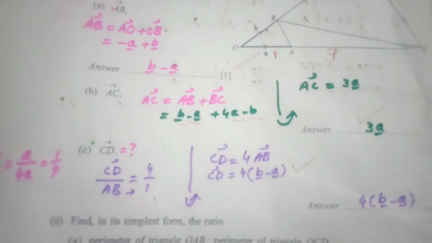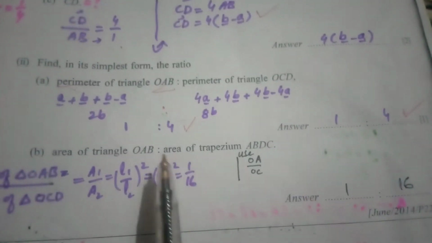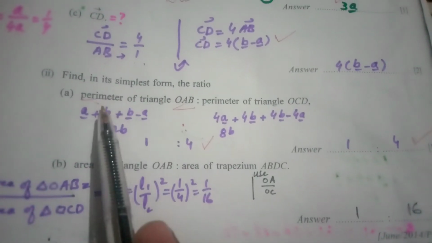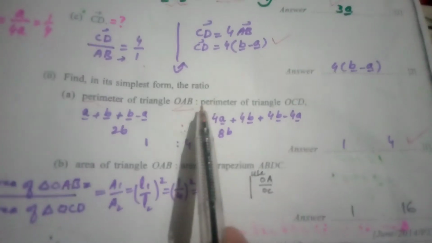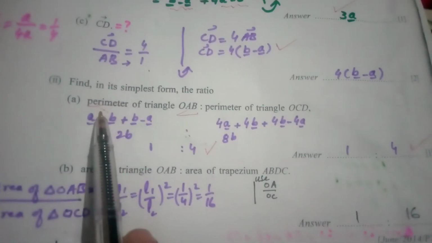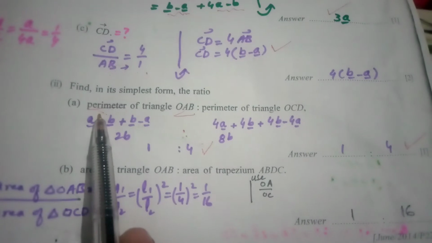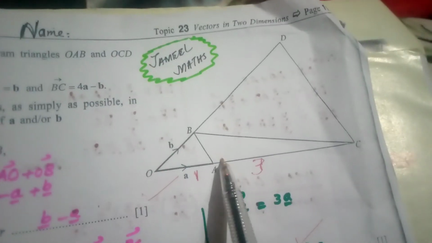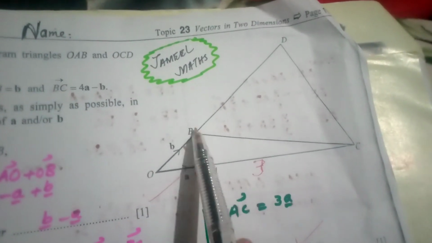Is it? Okay, the next one is to find in simplest form the ratio of the perimeter of triangle OAB to the perimeter of triangle OCD. The concept of perimeter is adding the boundary, that is OA plus OB plus AB.